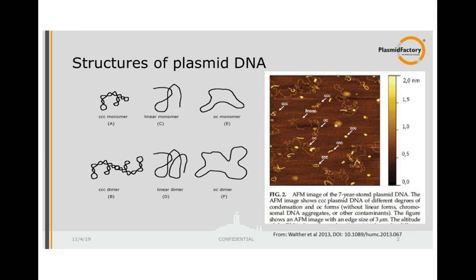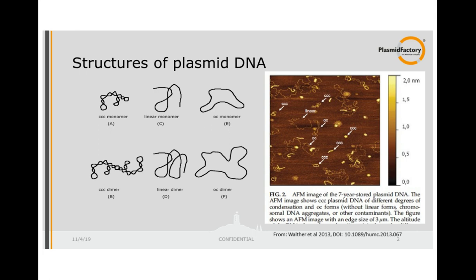If the plasmid is damaged, it simply doesn't work anymore. This is why we try to purify only those CCC forms, the condensed coiled forms, upper row on the left side.